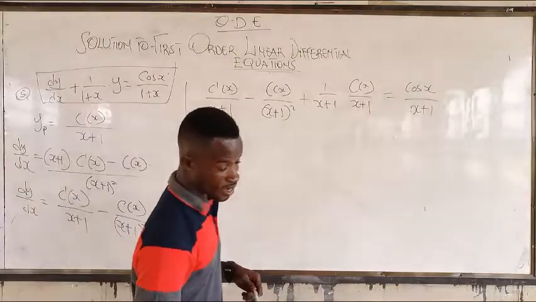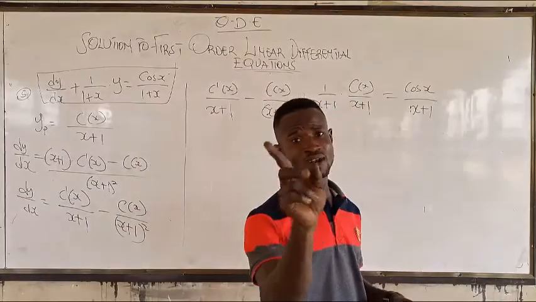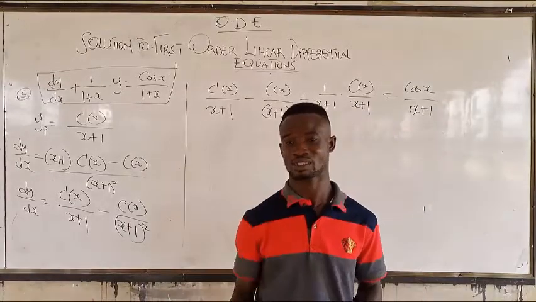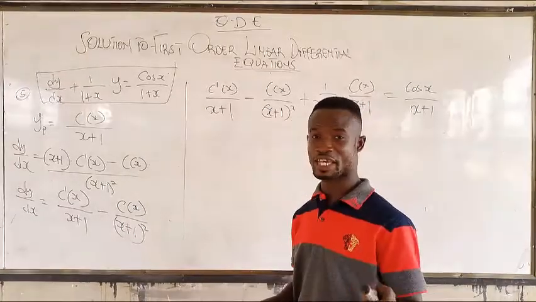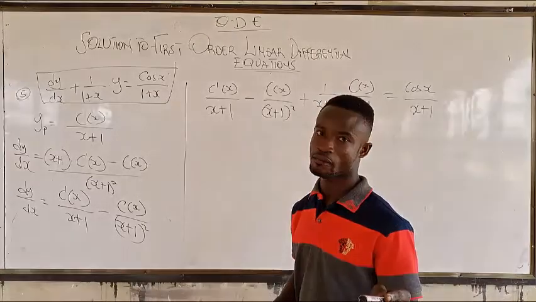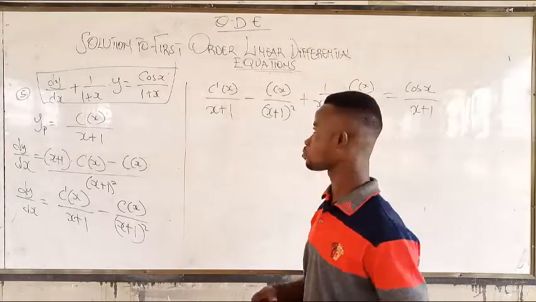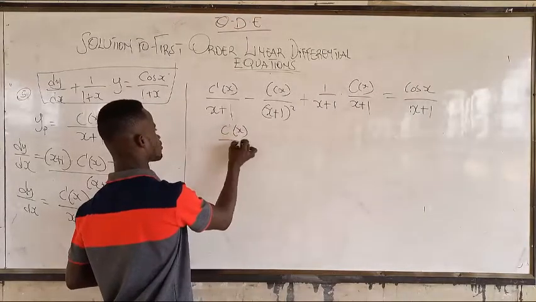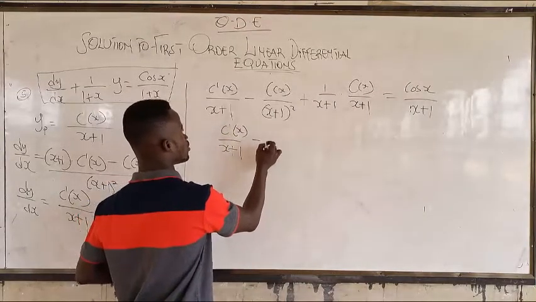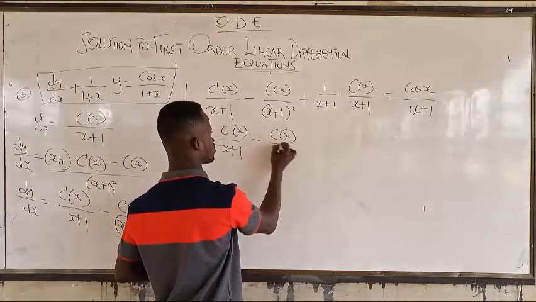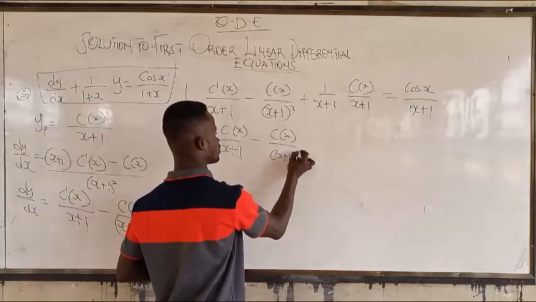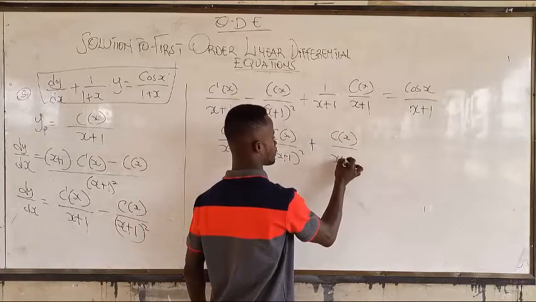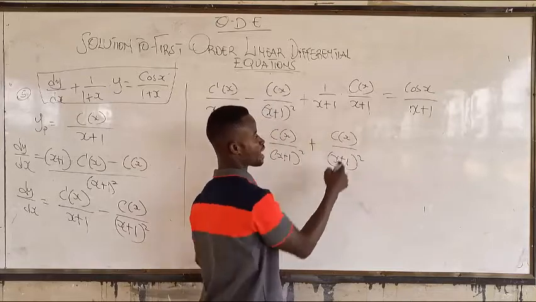So, as I said, when you get to here, whether you would like it or not, something must cancel something. If it does not, make sure that you are on the wrong path. So with this, this multiplied by this, you get this.